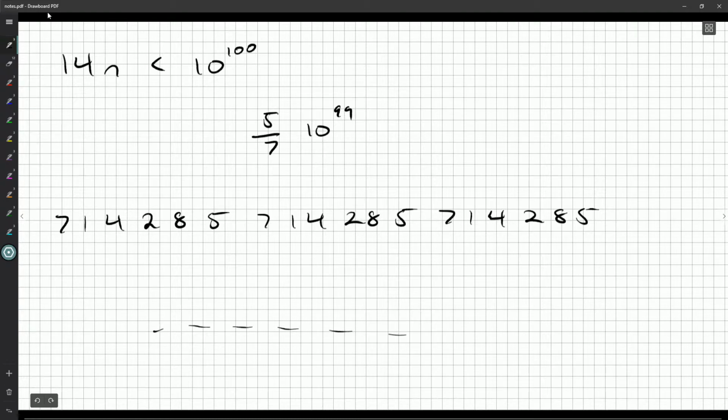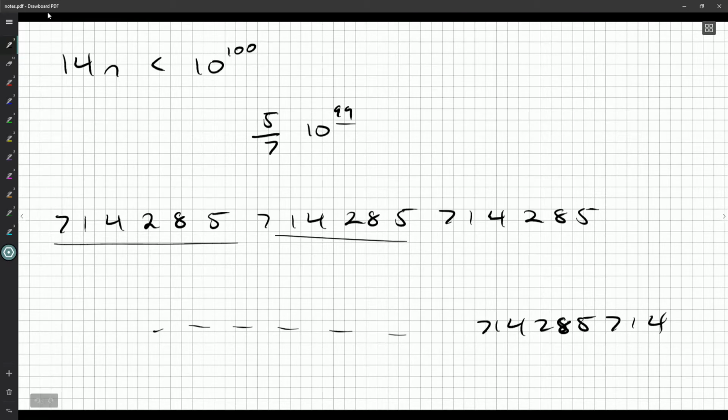Now it'll stop somewhere. I don't know exactly where it'll stop. We could probably work that out. But actually, the pattern repeats every 6, and I need 99 digits, so the closest multiple should be 96, so it'll end 714,285, and then it'll go 714 again.